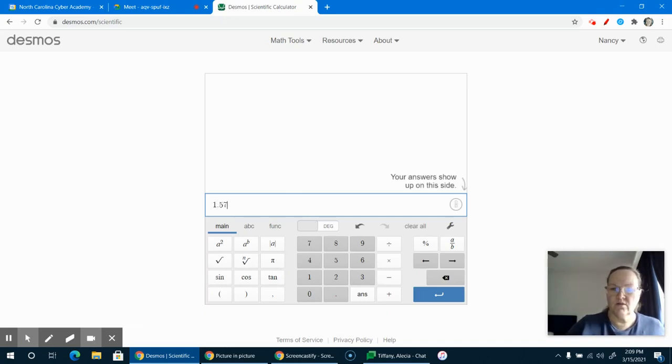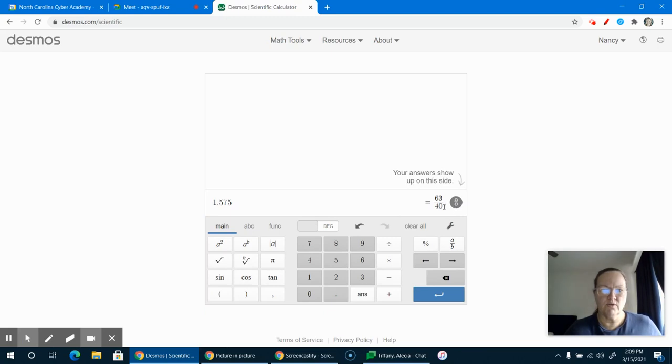Enter that right there, and then click this fraction bar, and it'll give it to you as a simplified improper fraction. If you need a decimal, I think it always shows you the decimal on Desmos. But if you need it to be a fraction, type in the decimal it gives you. You can round it or whatever, and then click that fraction button, and it's going to change it to a fraction for you.